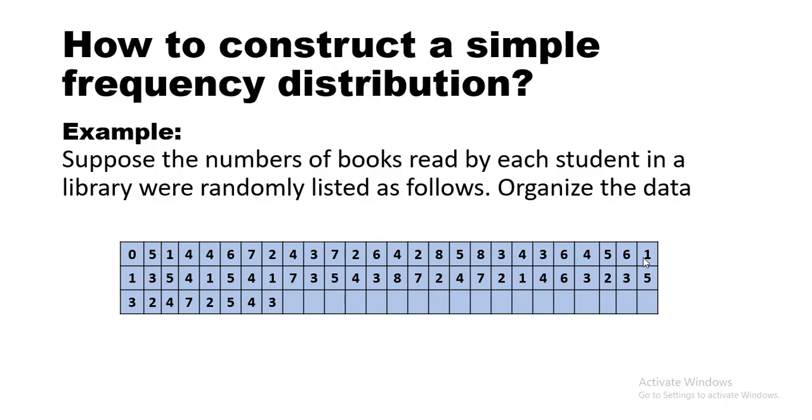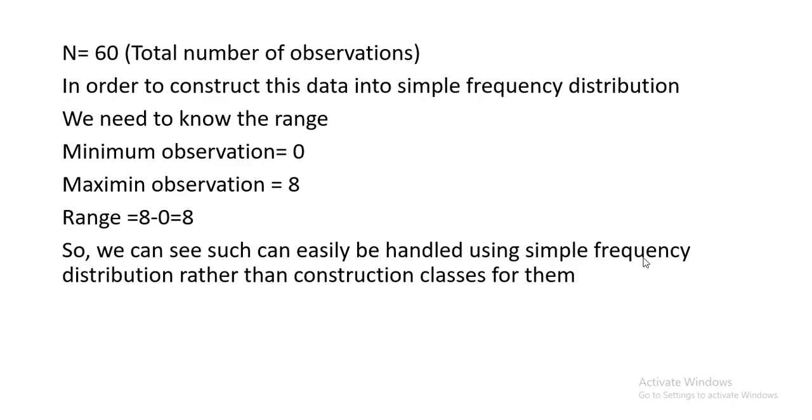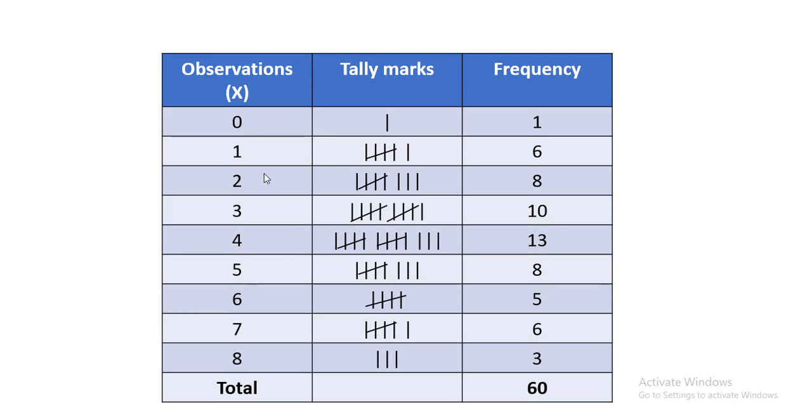We will be repeating this procedure for all the values, from 0 till 8. I have already constructed the data: 0 was appearing 1 time, 1 was appearing 6 times, 2 is appearing 8 times, 3 is appearing 10 times, 4 is appearing 13 times, 5 is appearing 8 times, 6 is appearing 5 times, 7 is appearing 6 times, and 8 is appearing 3 times.